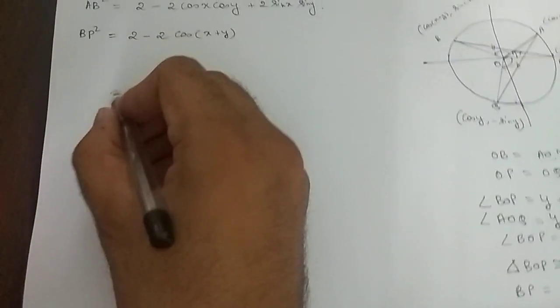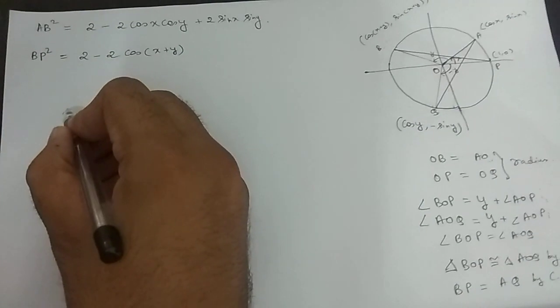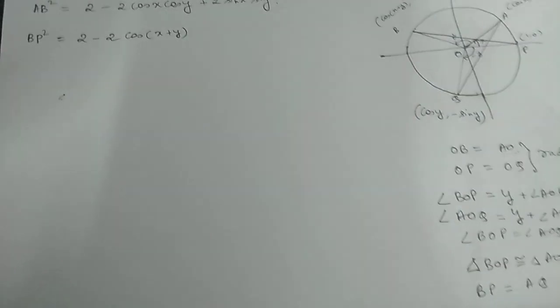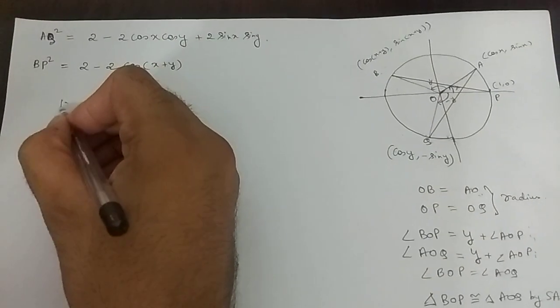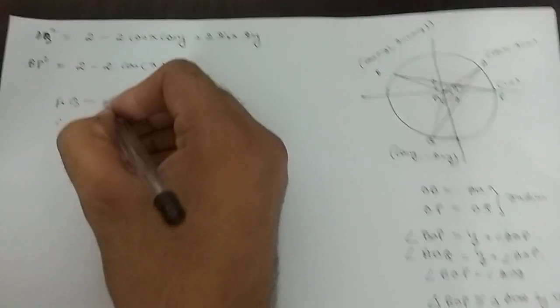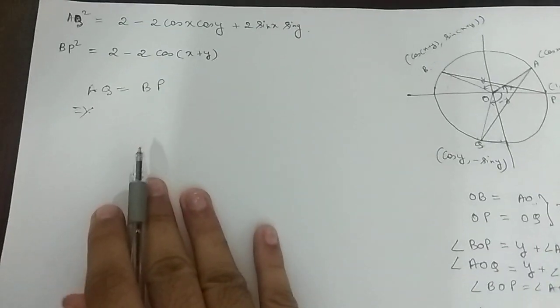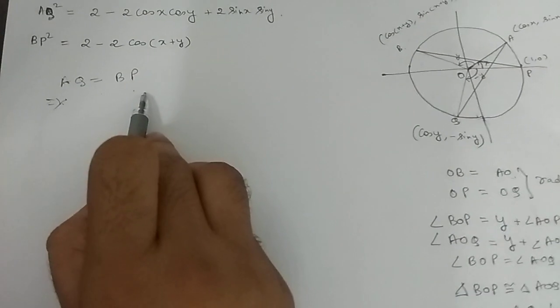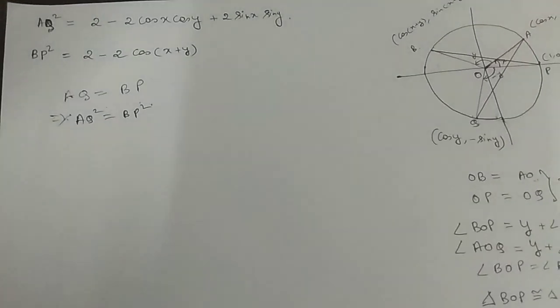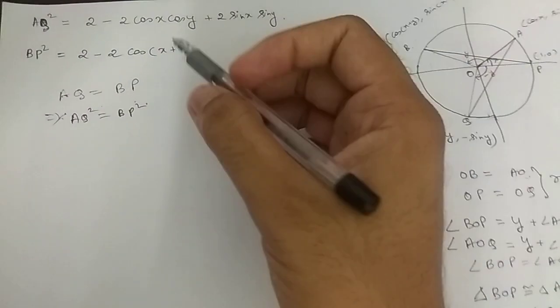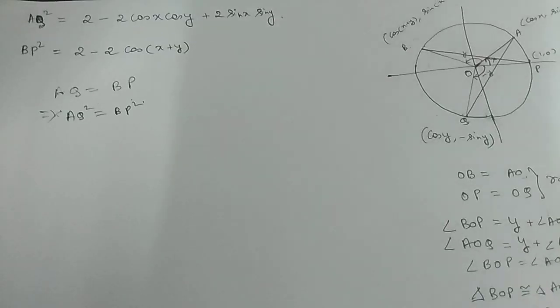Therefore, we can also write, since AQ is equal to BP, that implies AQ square will also become equal to BP square, and the values of both AQ square and BP square we have already calculated.